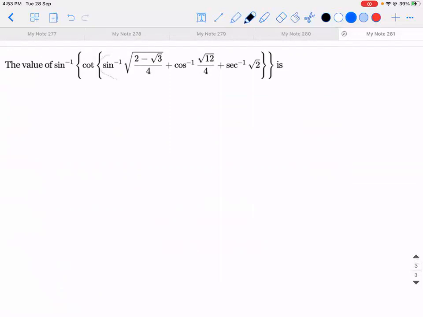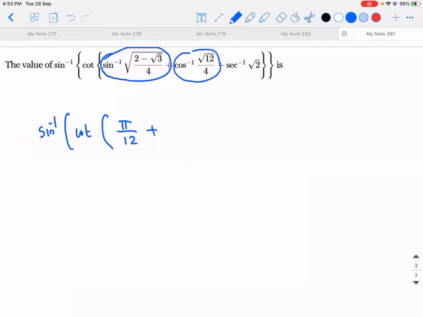So what happens to this function? This part, sec inverse of root of 2 minus root 3, becomes sine inverse of, this is the value we evaluated, pi by 12, plus pi by 6, which we evaluated, plus pi by 4, which we evaluated.